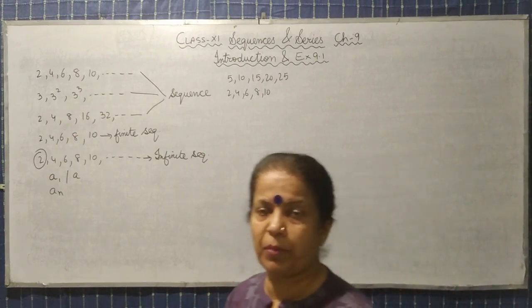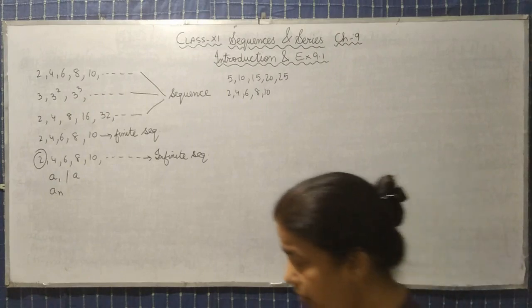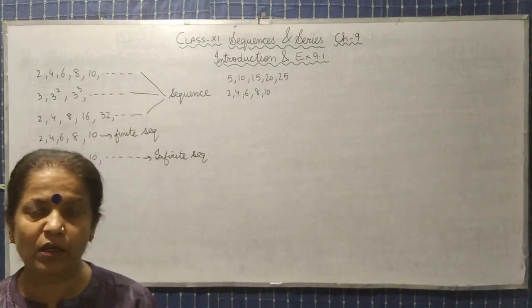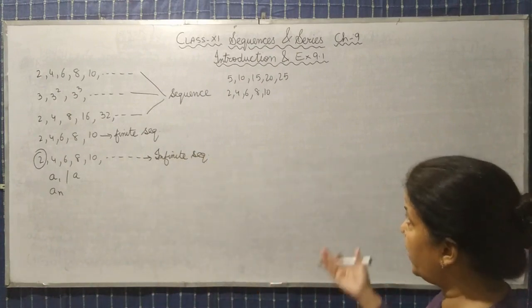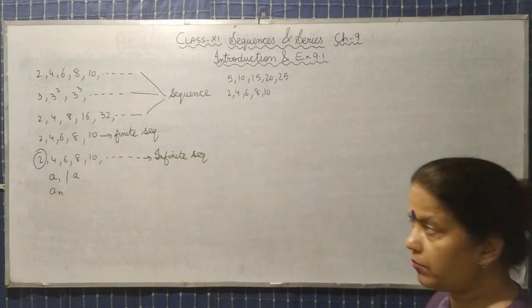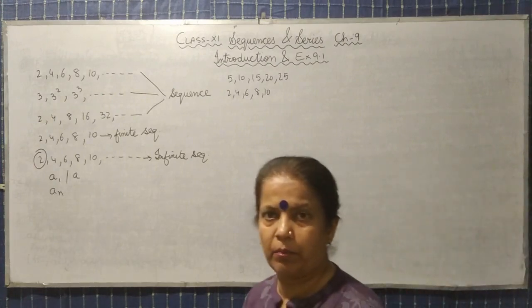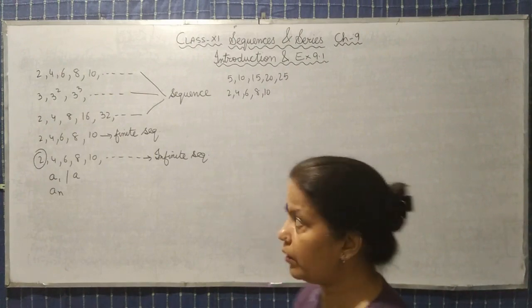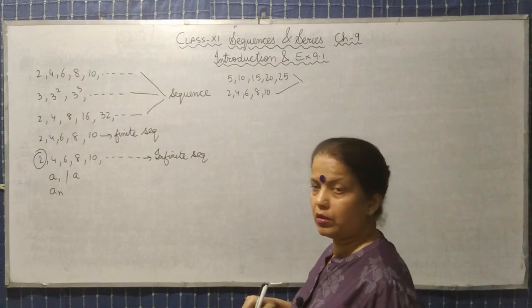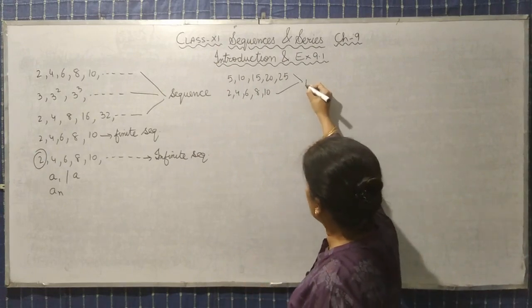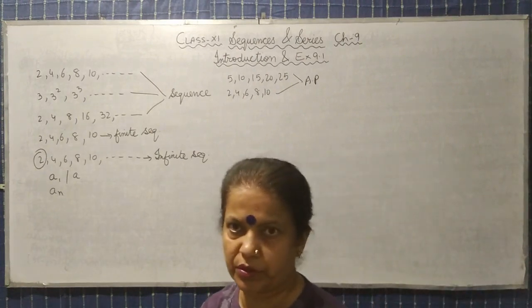So such a sequence, where the difference between the second term minus the first term, the third term minus the previous term, and so on, is equal, is called an AP, arithmetic progression.